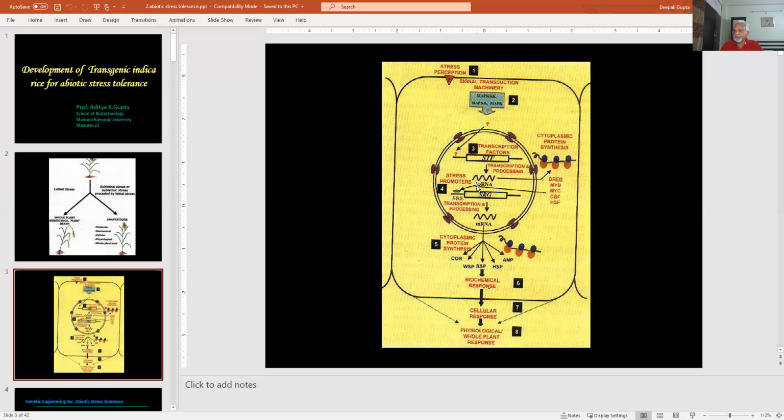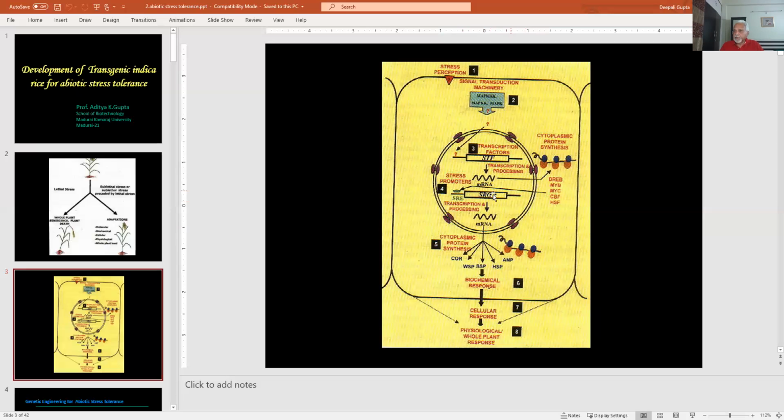Which means that the nuclear genome induces a certain set of genes whose product helps the plant to withstand the stress conditions.